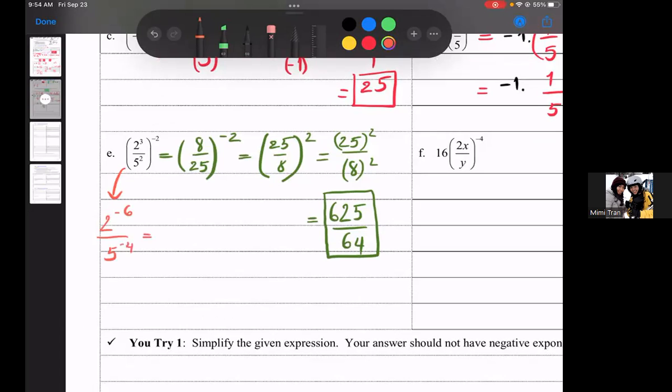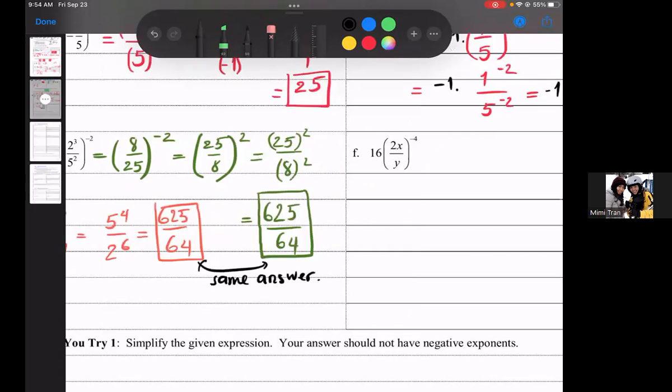And now they flip. So 5 to the 4 over 2 to the 6. 5 to the 4 is the same thing as 625, and 2 to the 6 is the same thing as 64. So it's the same answer. Whichever way you like to do. You know your rule well, then it's okay.